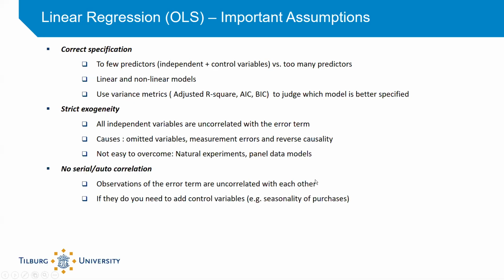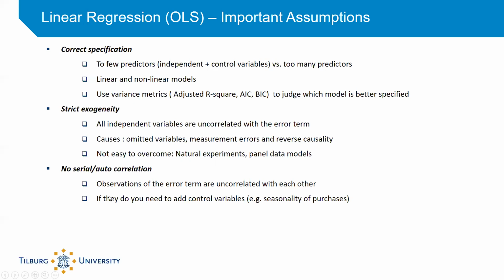The third important assumption is that there is no serial correlation or autocorrelation. You often have to visualize autocorrelation. Always think of time series data. One point in time is somehow related to another point in time, and this is called autocorrelation. If you do not have a control variable that extracts this out of your model, you have autocorrelation.